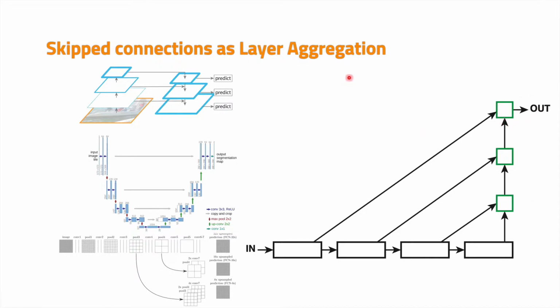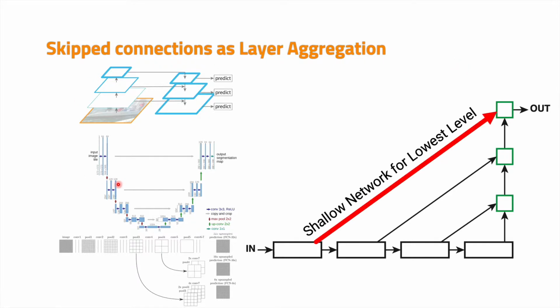In this simple figure, which generalizes the previous work, you can see that the lowest level, even though it has the weakest semantic meaning, is connected to the output layer with a shallow network, sometimes even just one layer of convolution.